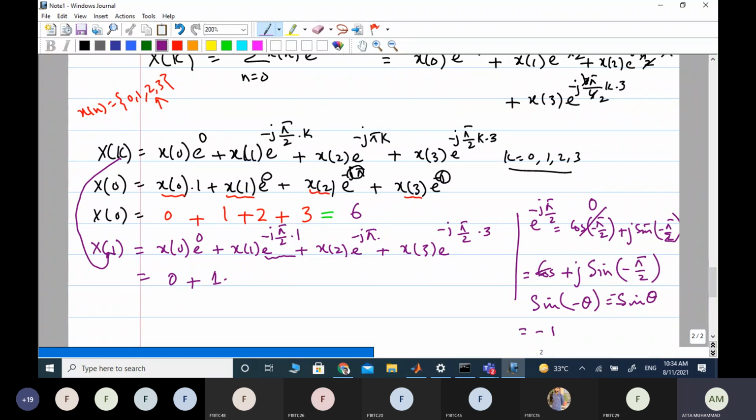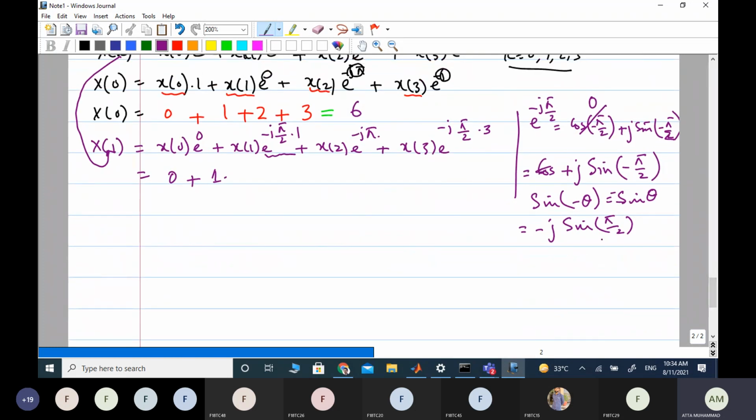So this must be equal to minus j sine pi by 2, right? Now sine pi by 2 is 1, so we get minus j. So this complete term gives us minus j.